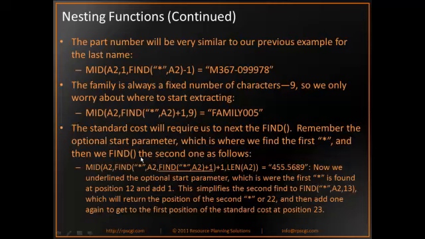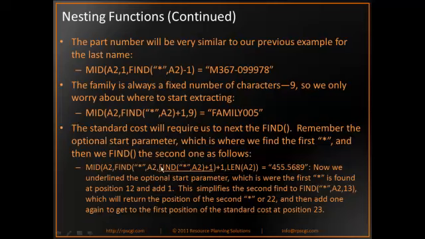So here, you can think of it this way: it's going to process this part of the mid function first, in the find. So we're doing an extraction here on A2, and we want to find an asterisk again in A2, but we want to adjust the start position, which is this underscore part.